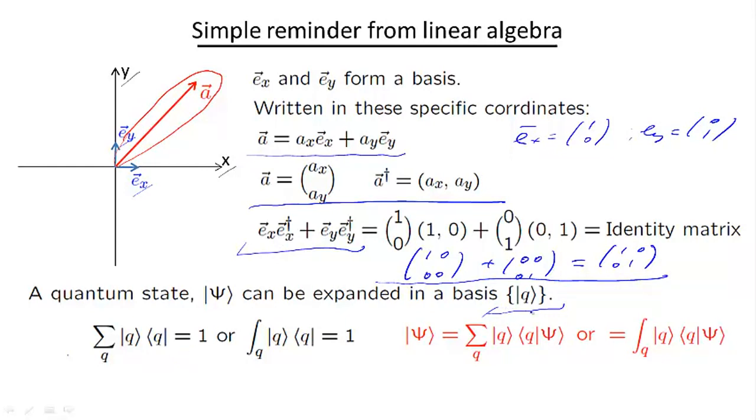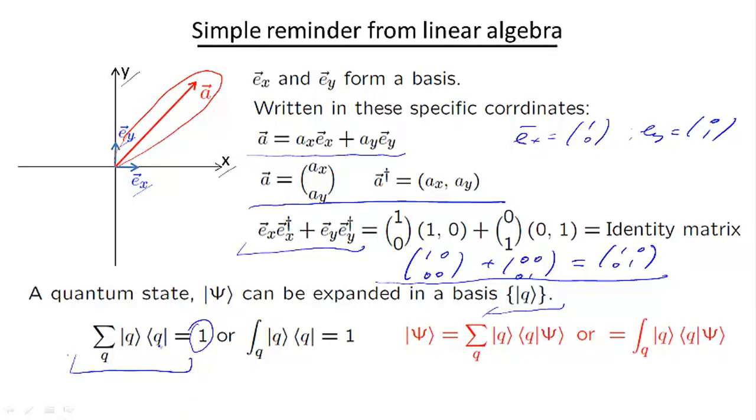So let's say we have a set of vectors, either a discrete set or a continuum set, and we will see both of them. The sum of these ket-bra products over all basis vectors gives rise to an identity operator. And this resolution of identity is going to be extremely useful for us in a number of derivations that we're going to see throughout the course.